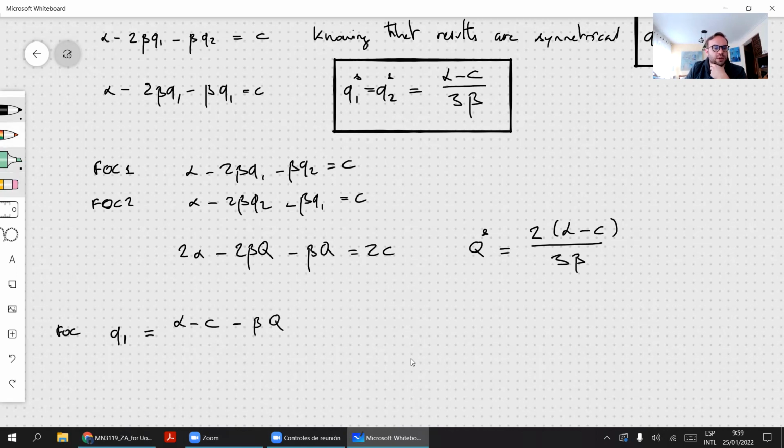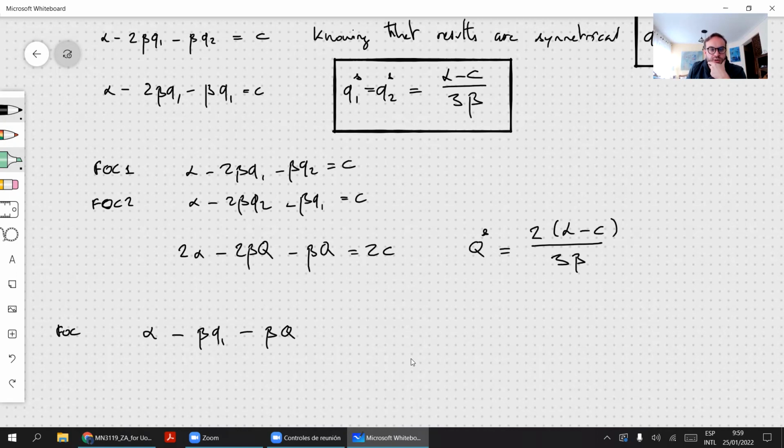Now let me be a little bit more detailed here, because I think it's important. The first order condition is alpha minus beta Q1, which is the one that's interesting to me, minus beta Q, the aggregate, because I have Q1 and Q2 here, so I can add those up.